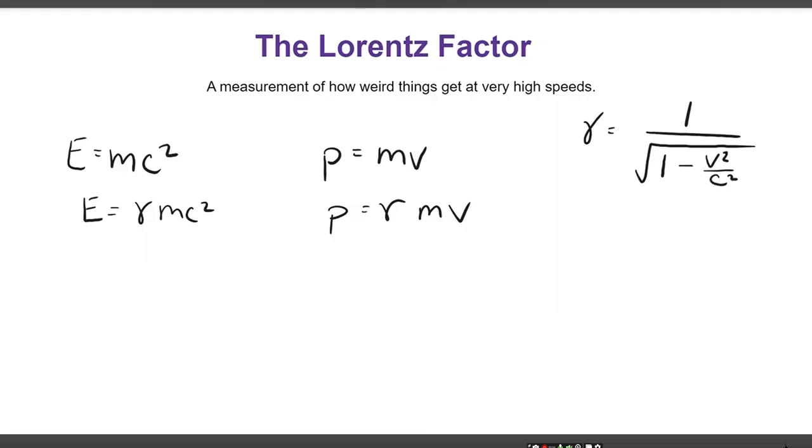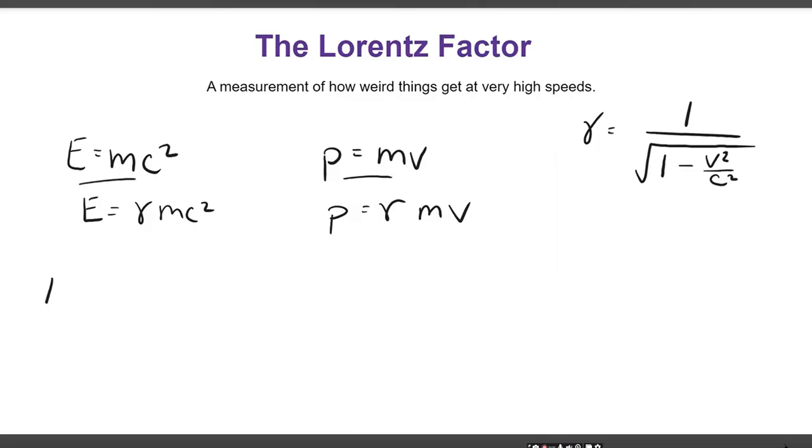So at really low speeds, this is irrelevant, and we change our equations to E equals mc squared, or momentum equals mass times velocity. The Lorentz factor is also incredibly important when you want to figure out how much the length of something changes or how time dilation works.